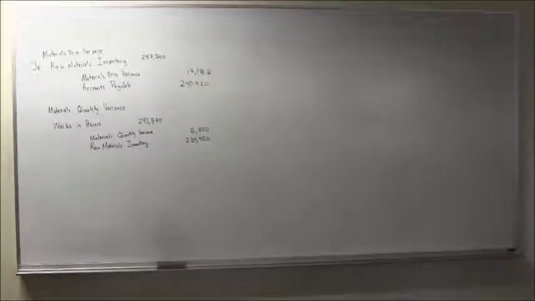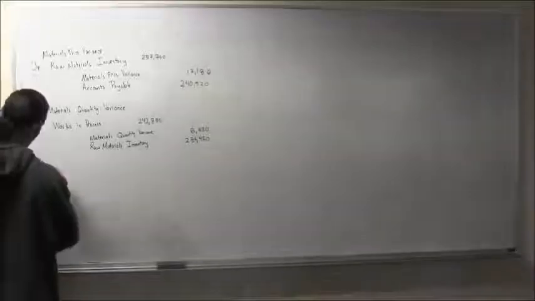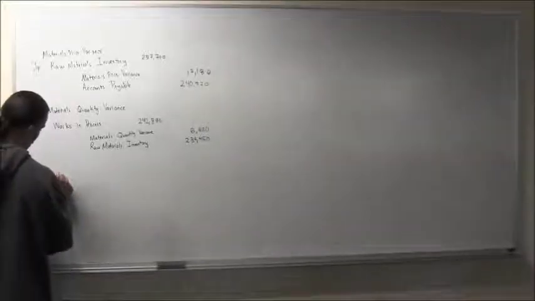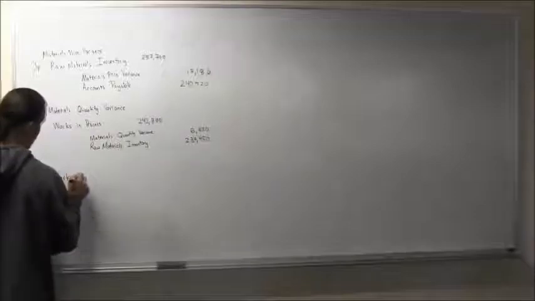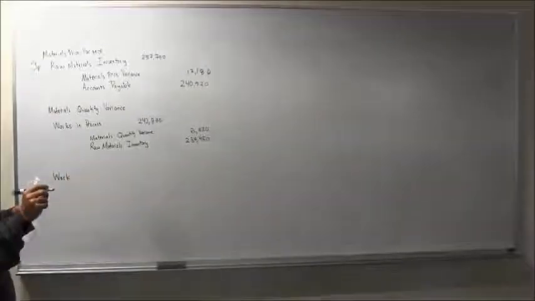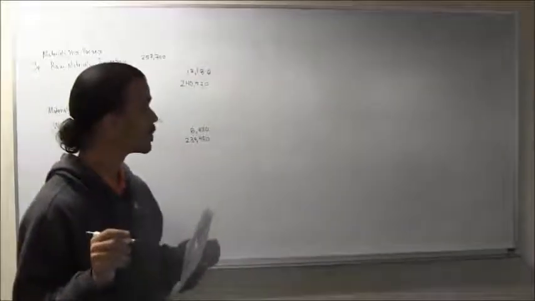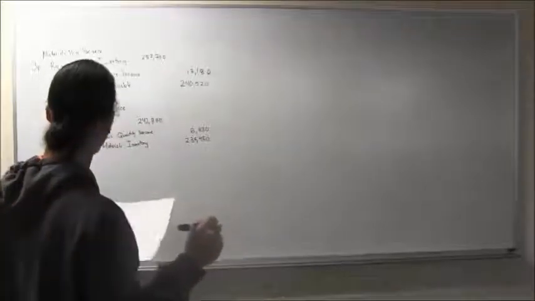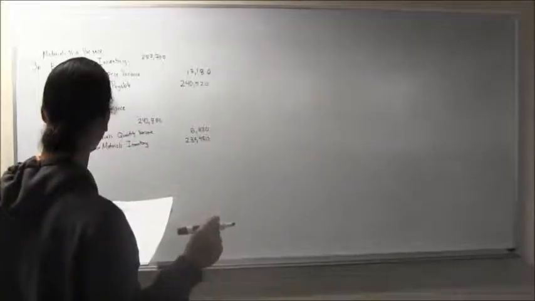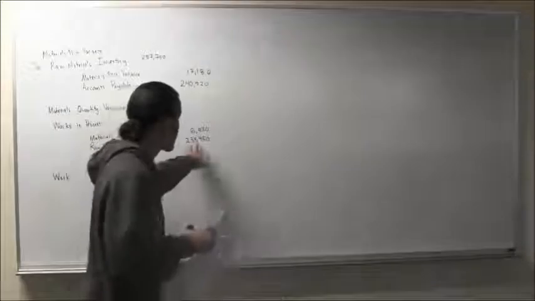Okay, and the labor rate and efficiency variances go together. You get 234, subtract that 240 minus the 6,000? To get which one? 234? This number? Yeah.